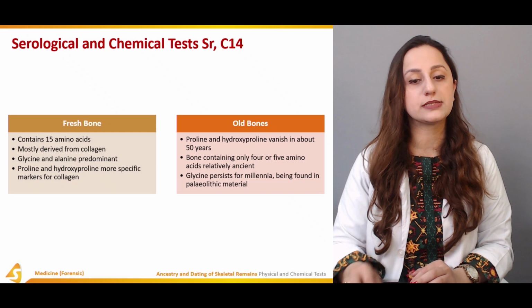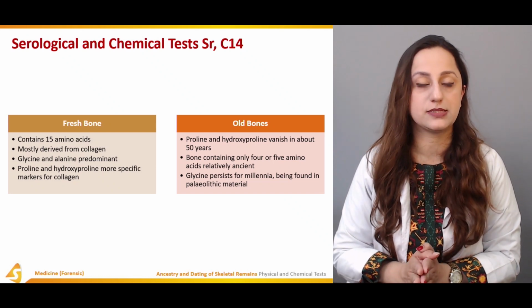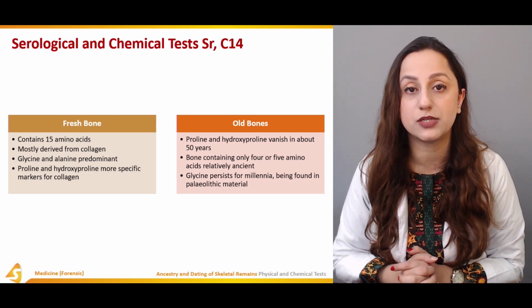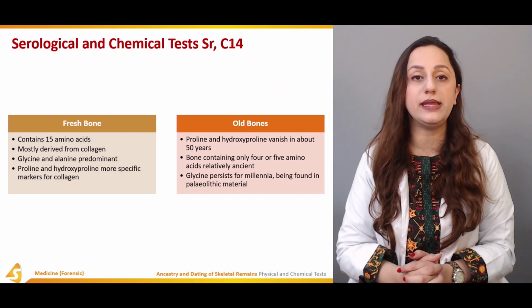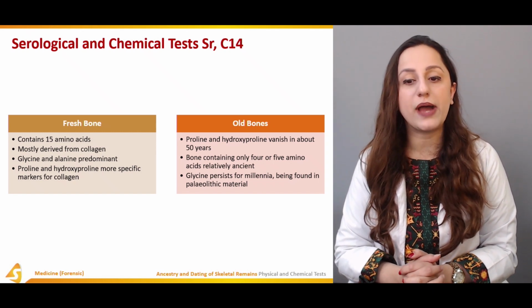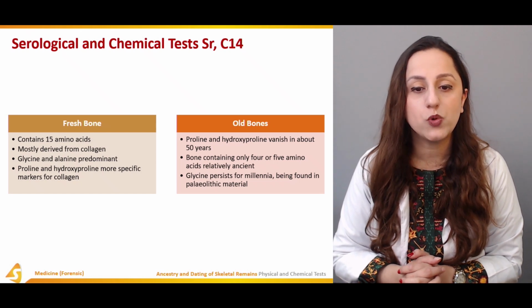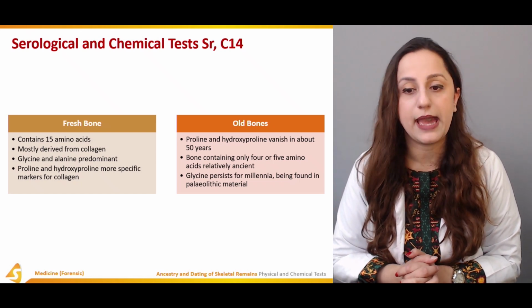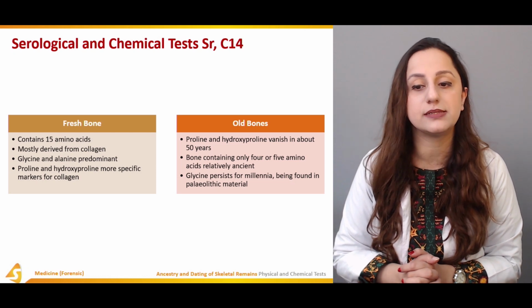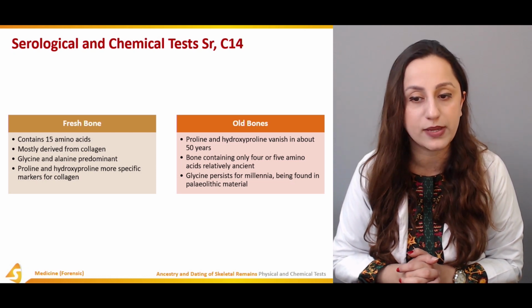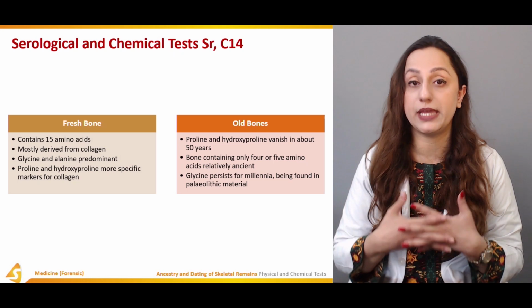The fresher bones contain 50 amino acids on one side, compared with the older bones. It has proline and hydroxyproline, which vanish about 50 years after death, mostly derived from the collagen. On the other hand, the older bones contain only 4 or 5 amino acids relatively of the ancient time.